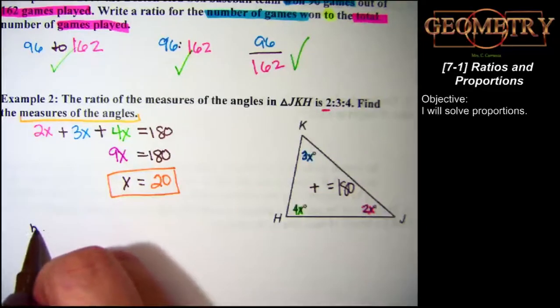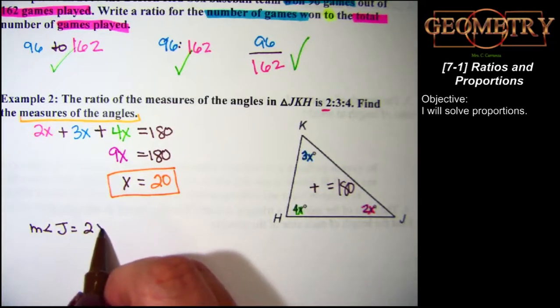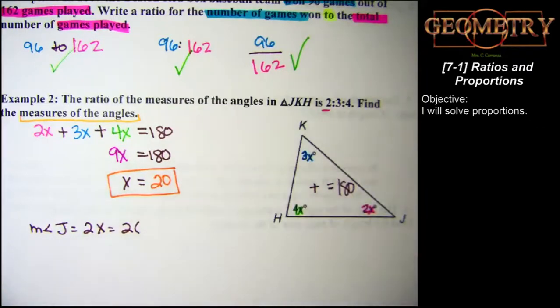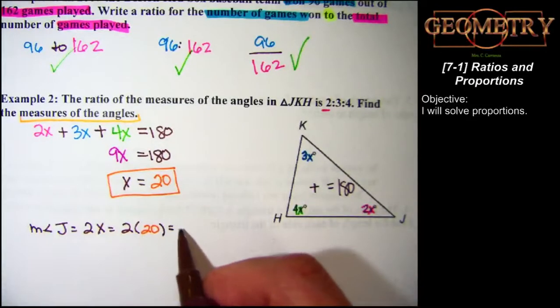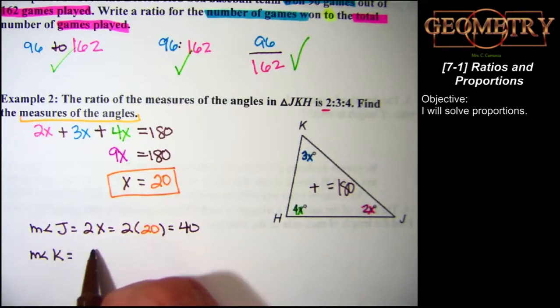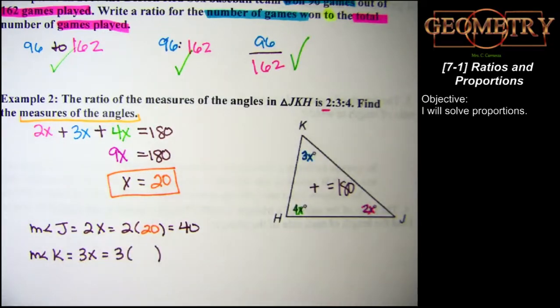Okay, so the measure of angle J was given to me as 2 times x. But x has the value of 20. And so the measure of angle J is 40. The measure of angle K was given to me as 3x, but x has a value of 20.